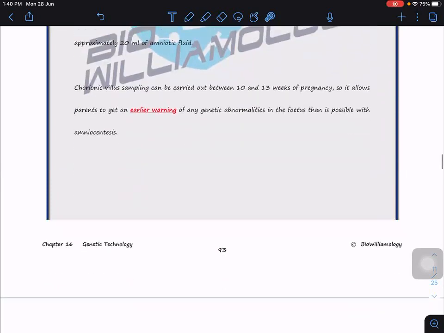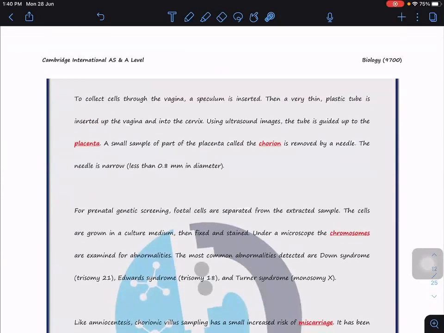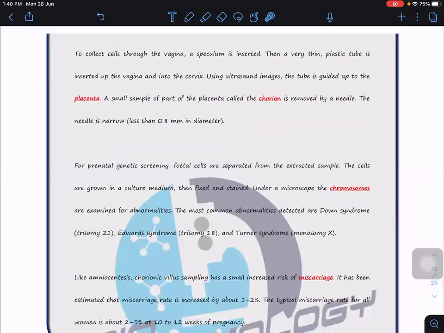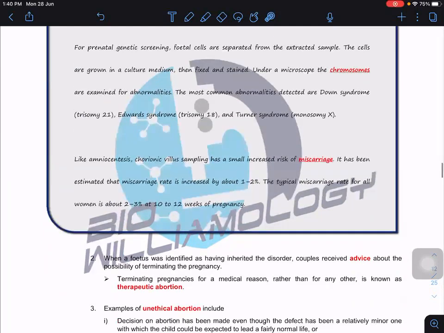We take a small sample from the placenta, the region called the chorion, and check the chromosomes. But as I said, there is a risk of miscarriage. A typical miscarriage rate is about 2 to 3%, and there is a small increase in risk of 1 to 2%.